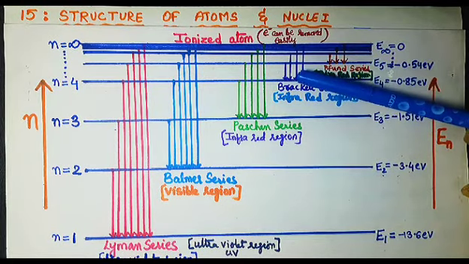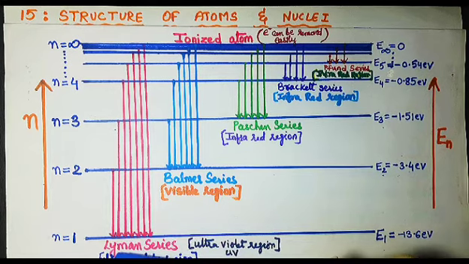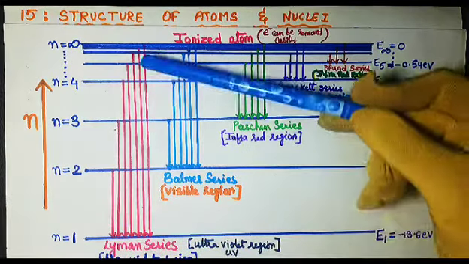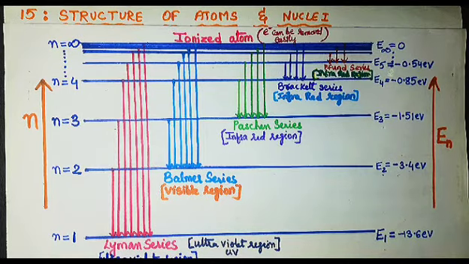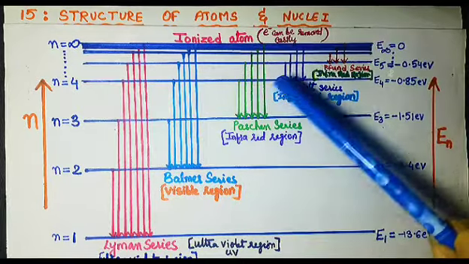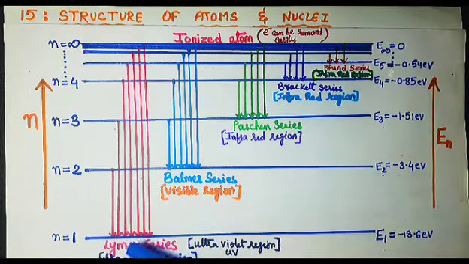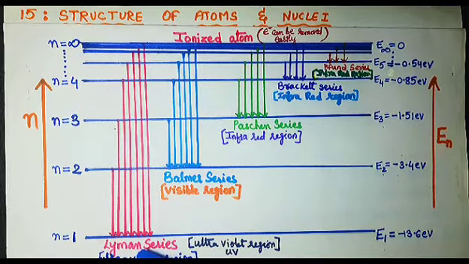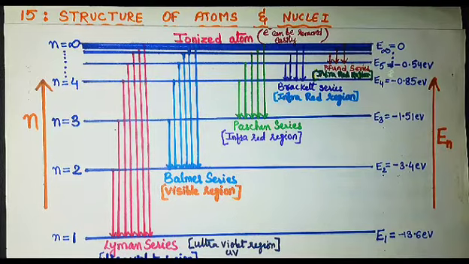When the electron jumps from higher orbit to lower orbit, either in a single jump or in multiple jumps, this excited electron gives rise to these spectral lines. These vertical lines in the diagram indicate the jumping of electron from higher orbit to lower orbit.